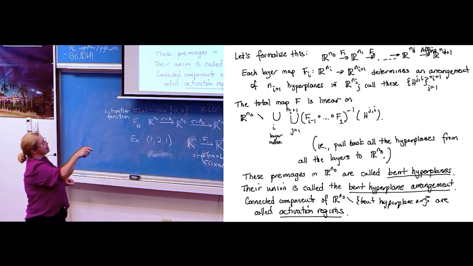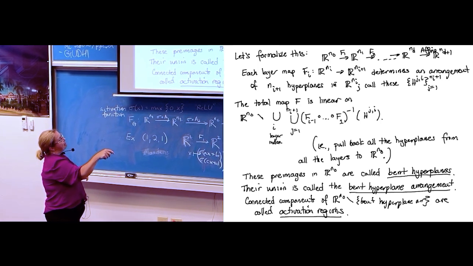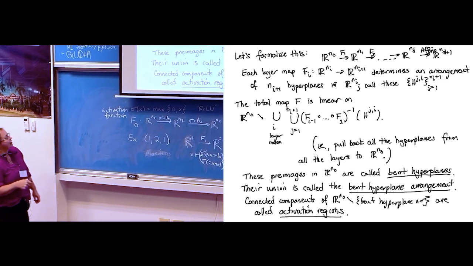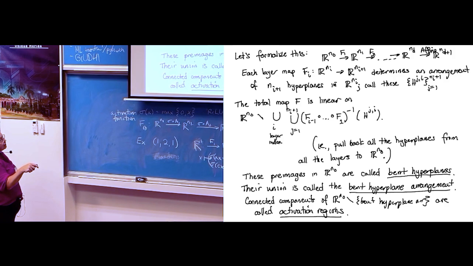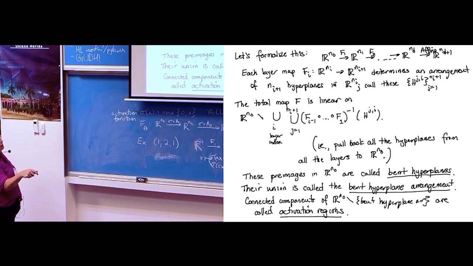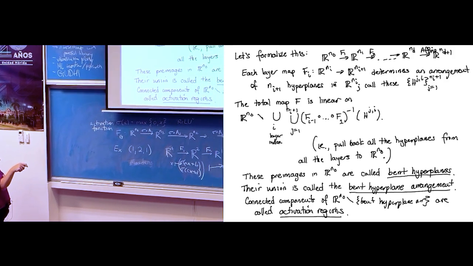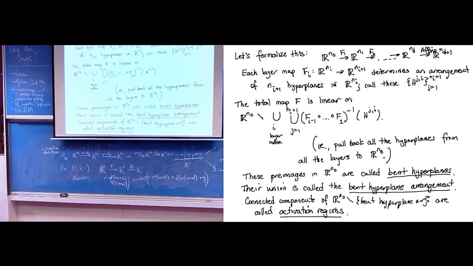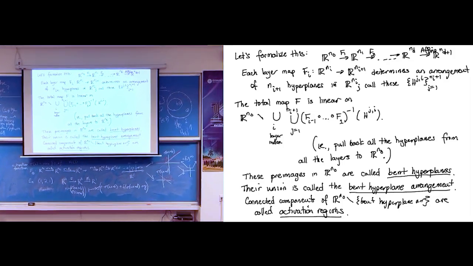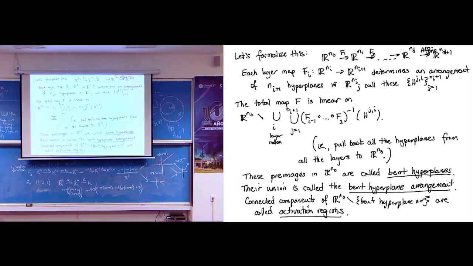So these pre-images in your domain are called bent hyperplanes, and their union is called the bent hyperplane arrangement. Connected components of the complement of the bent hyperplane arrangement are called activation regions.